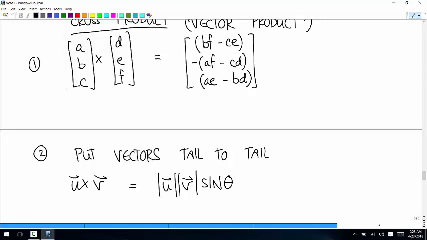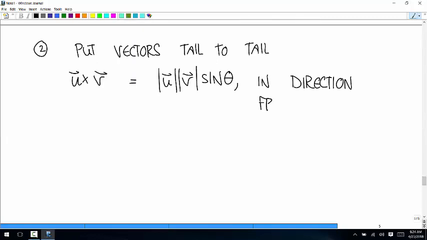And now this is a vector, so it also has to have a direction. And it's in the direction according to the right-hand rule. So start with your fingers at the first vector, rotate to the second vector v, and your thumb is pointing in the direction of the answer.